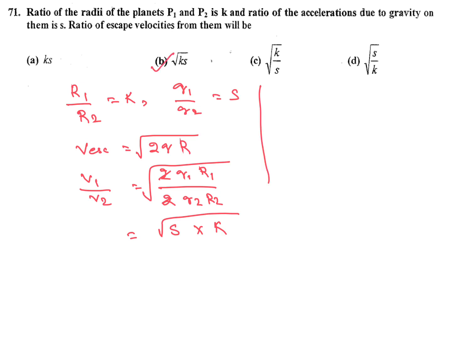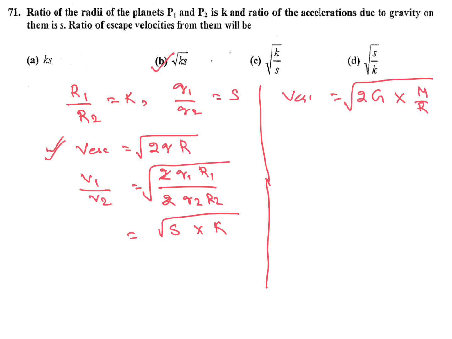But for the same planet, one more formula is there. Here different planets, so we will use this formula. For the same planet, v escape is root over 2 gravitational constant, capital G, M by r.